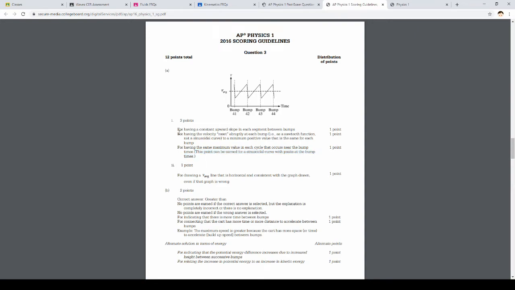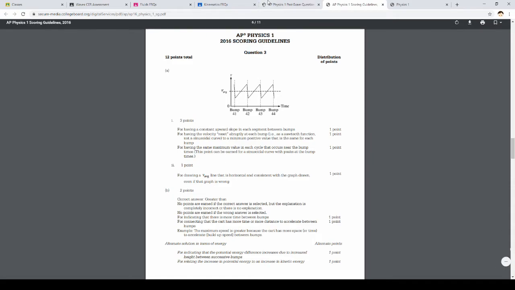So if you don't have the sawtooth nature, where it immediately drops down, and instead went with a sine wave, you could earn that third point. Part 2 is just 1 point. It's for drawing a horizontal line for average speed. It needs to be horizontal because you're trying to represent that the average speed is constant.